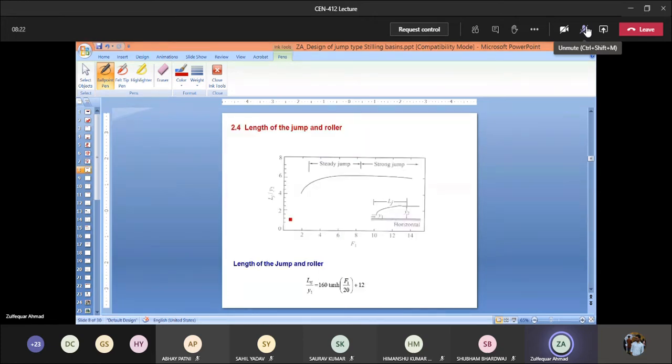Then, of course, what would be the length of the jump? See here, we are talking about a classical jump. Classical jump means, what is the roughness of the floor in the classical jump? If you have a formation of the jump here, what is the roughness of the floor here?